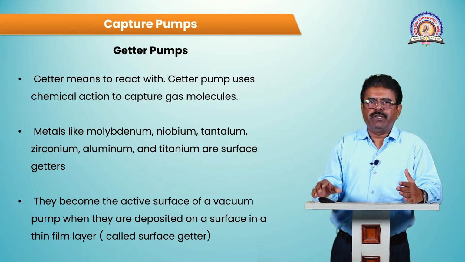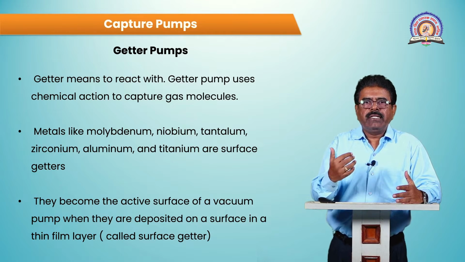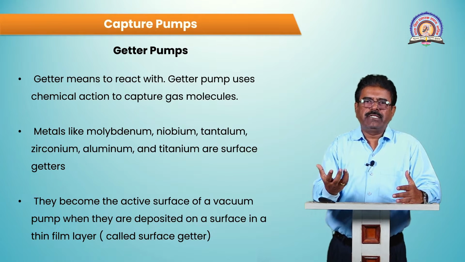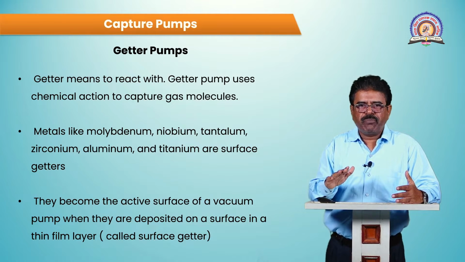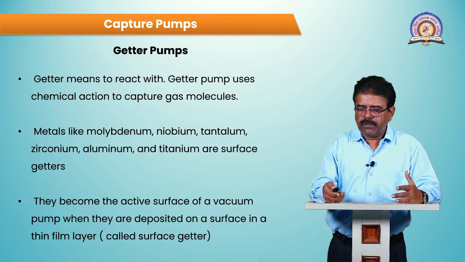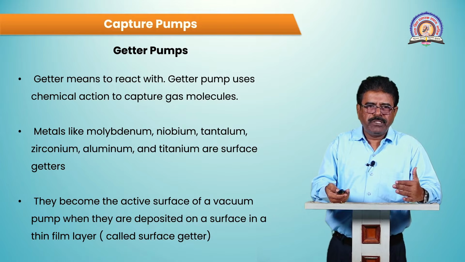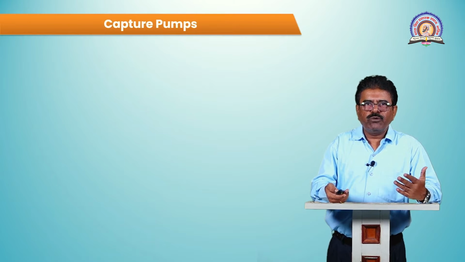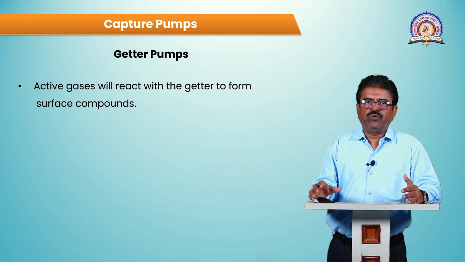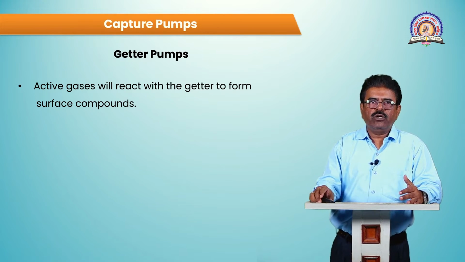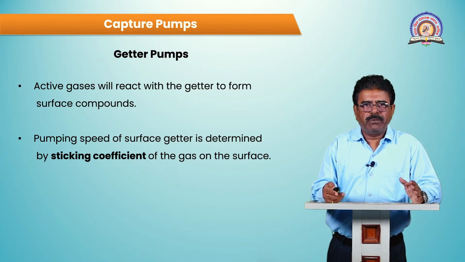So these surface getters become active in a vacuum pump, and these materials are deposited on a surface in the form of a thin layer, which is called the surface getter. And when the gas molecules come in contact with the surface getter, they will be converted into some compounds. So the active gases will react with the getter to form a surface compound. So this is the basic principle of operation of a getter pump.